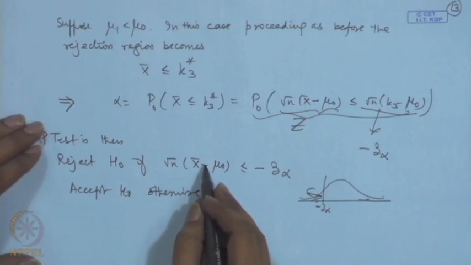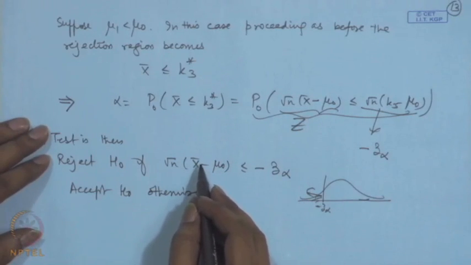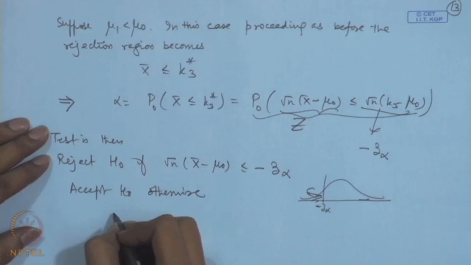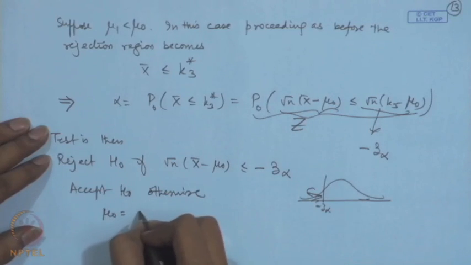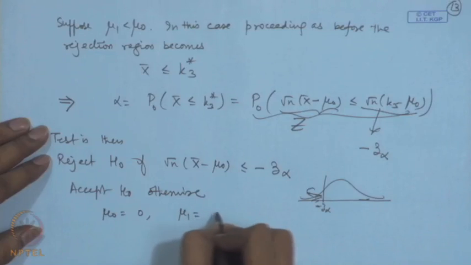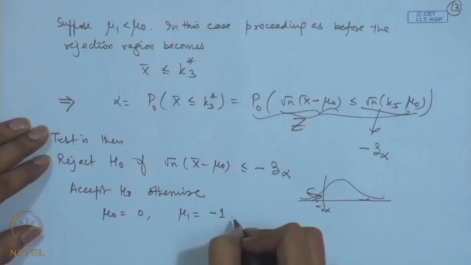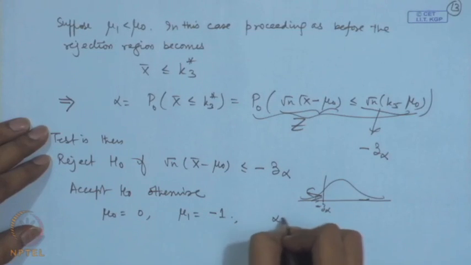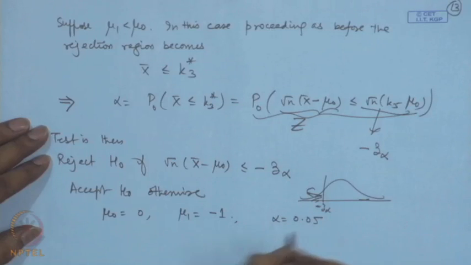For example, here if I take say mu naught equal to 0, mu 1 equal to minus 1, and let us take alpha equal to once again 0.05.